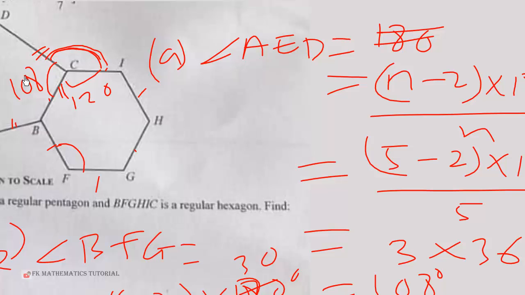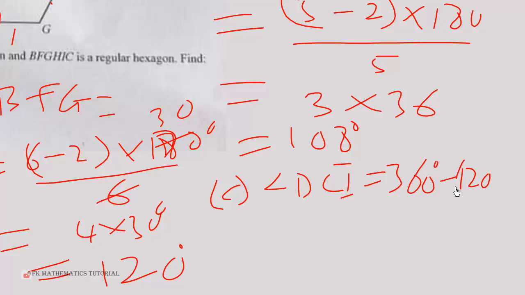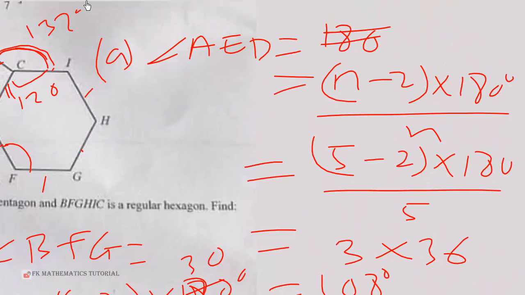So angle DCI will be equal to 360 degrees minus (120 plus 108) degrees. 108 plus 120 will give you 228. So 360 minus 228 will give you 132 degrees. So this angle is 132 degrees.